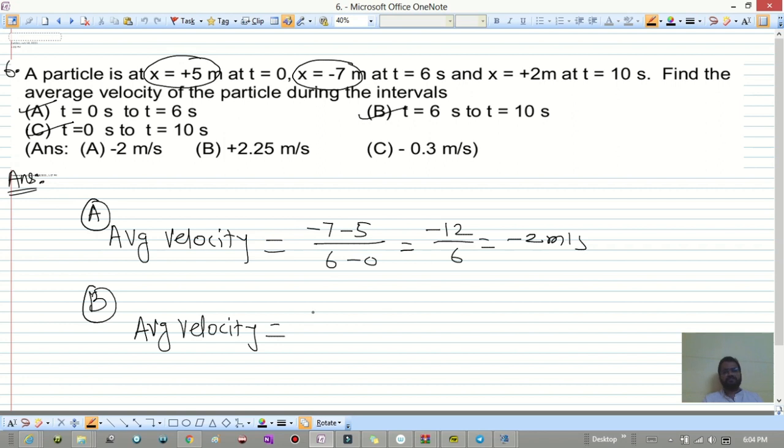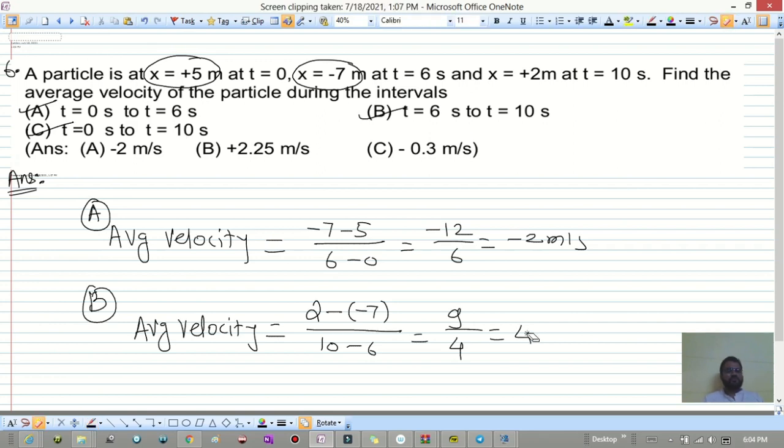Final position is 2 minus initial position minus 7, divided by total time, 10 minus 6, which indicates 9 divided by 4, which is equal to 2.25 meters per second.